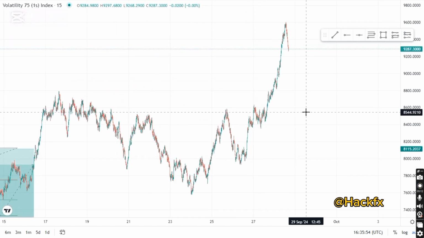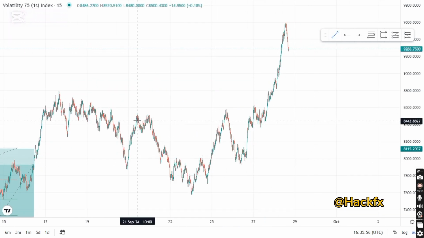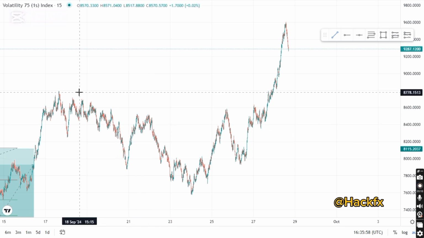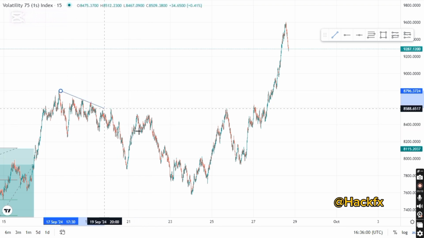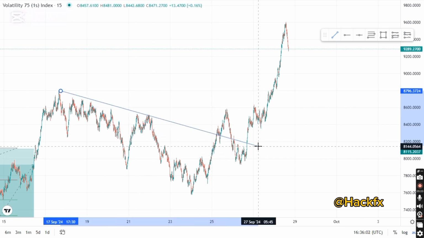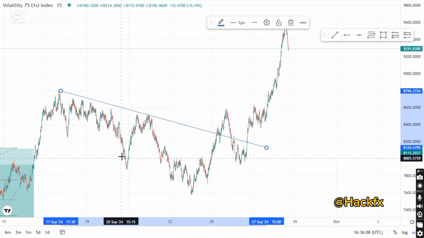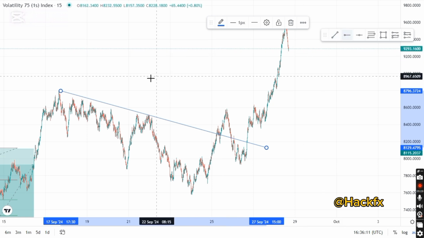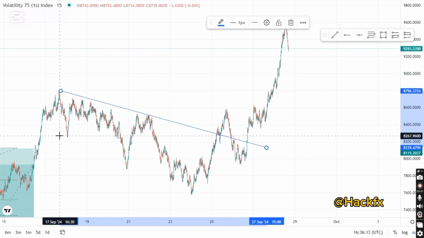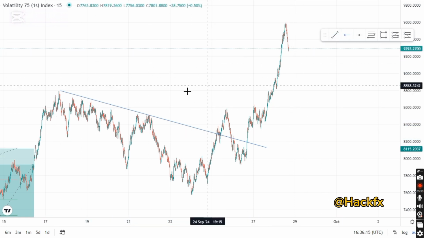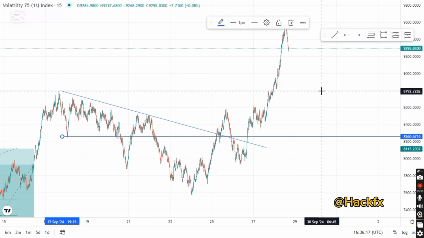I'm seeing another setup here. Okay guys, see, we have a bearish trend around here. You see price has been making lower lows, lower lows, lower lows.